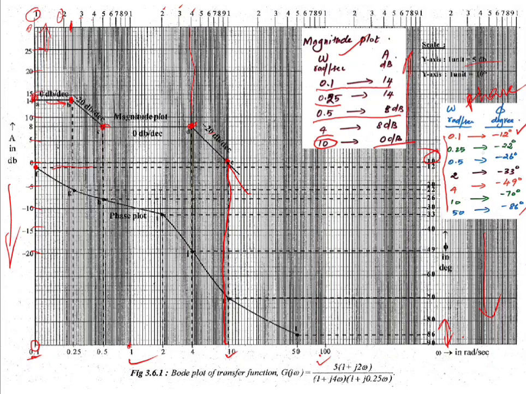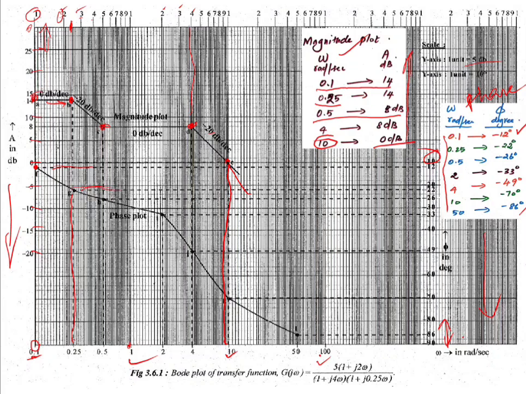The second point is 0.25, minus 22 degree. 0.25 is in between 0.2 and 0.3. So it is in between these lines, and the phase angle is 22 degree. It's this one.